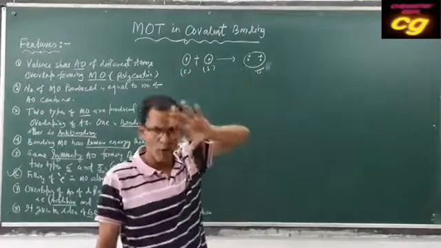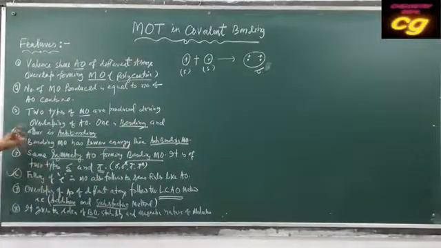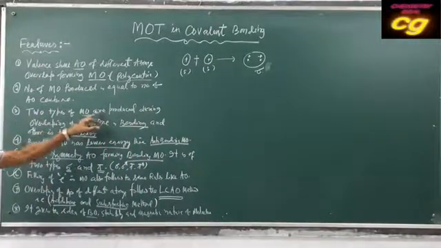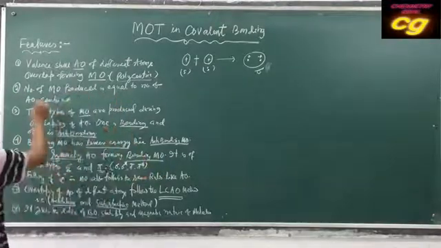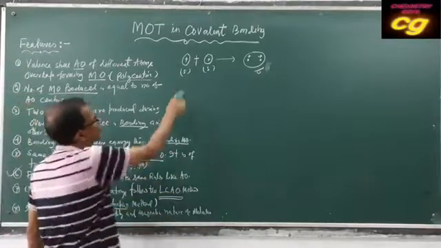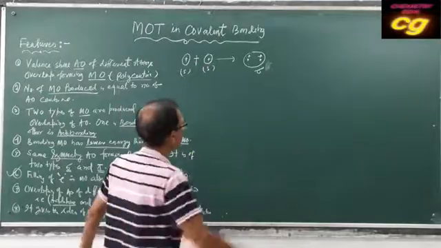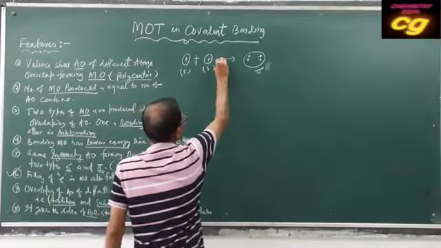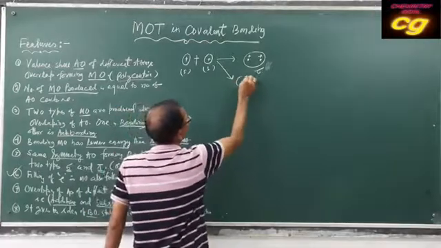But we know that when two atoms combine, as per the rules already written, two types of molecular orbitals are produced, bonding and antibonding. And we have already written that the number of molecular orbitals produced is equal to the number of atomic orbitals combined. Here two atomic orbitals combined means two molecular orbitals, one bonding and another antibonding. The antibonding orbital will be like this.